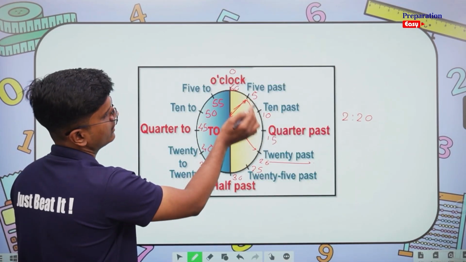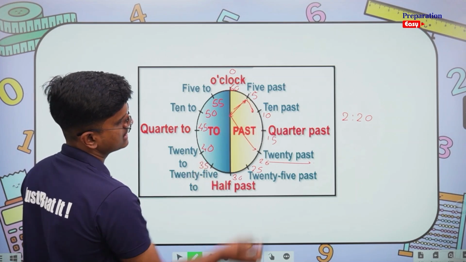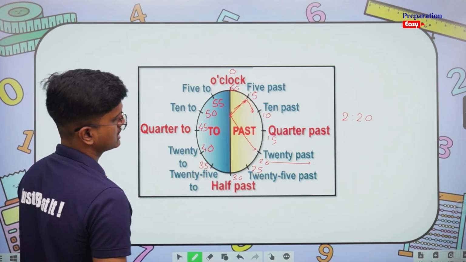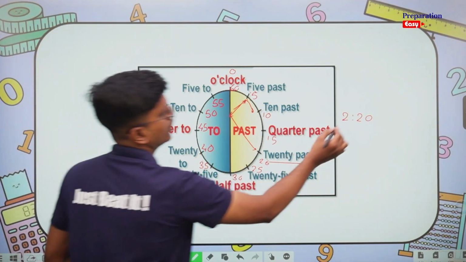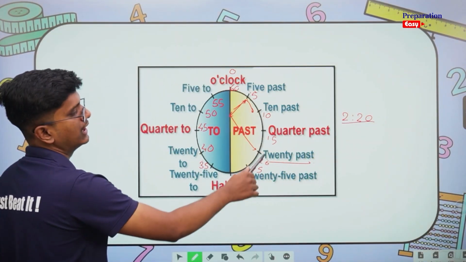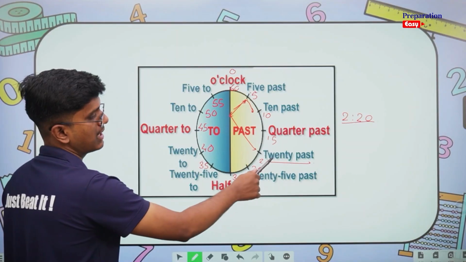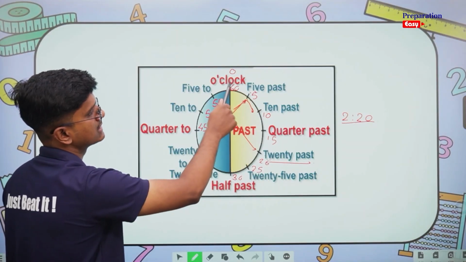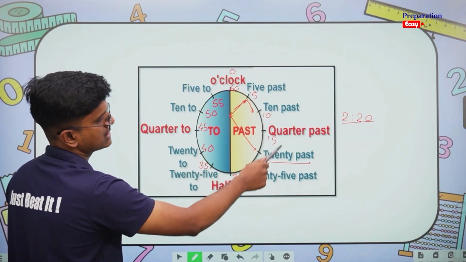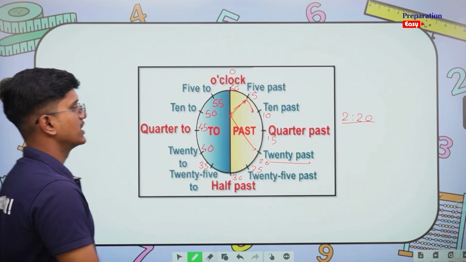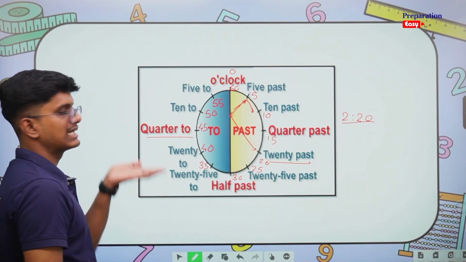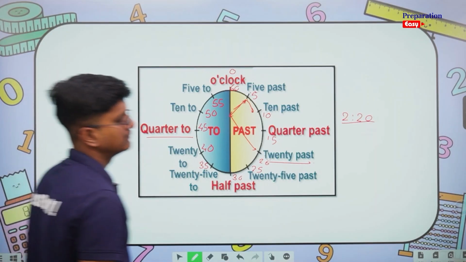We have shown here 5 past, 10 past, 20 past, 25 past. Whenever we have to read, suppose, 2:20, it will be 20 past 2. These are the minutes: 0, 5 past, 10 past, quarter past. When it's on 15, we will say it as quarter past. When it's on 45, we will say it as quarter to.